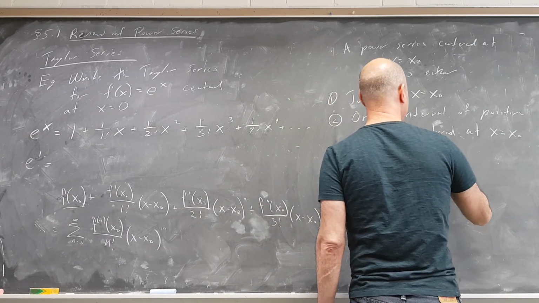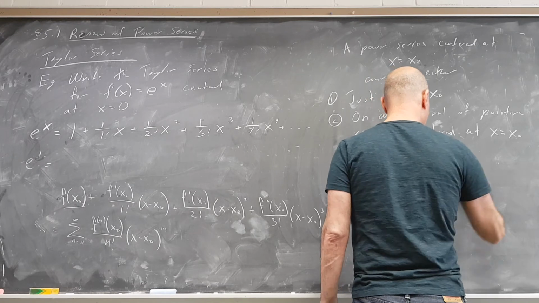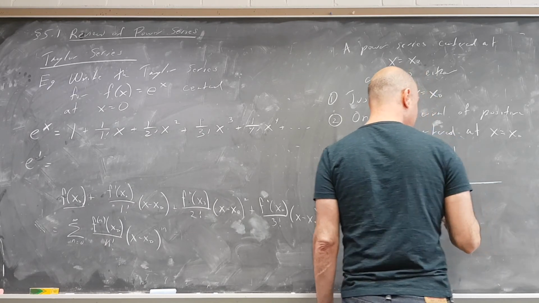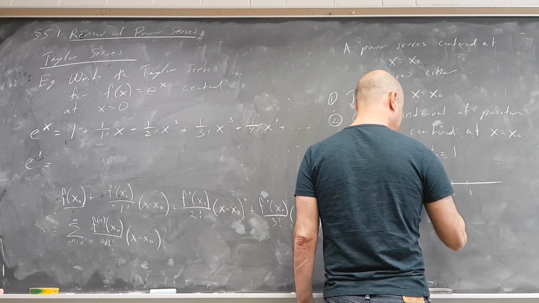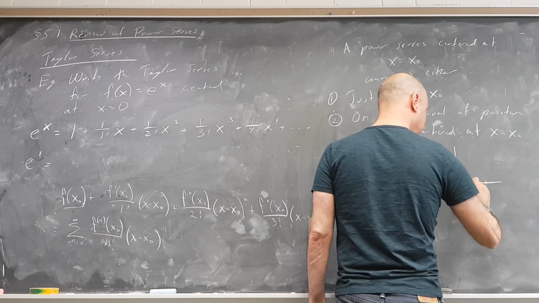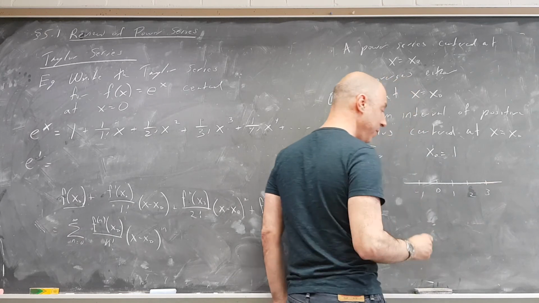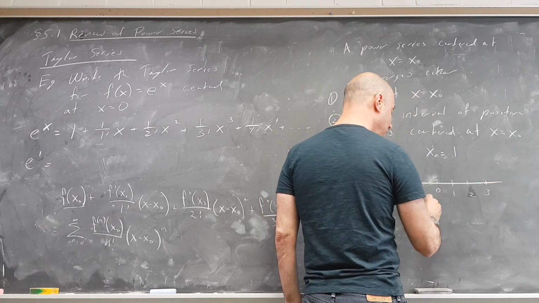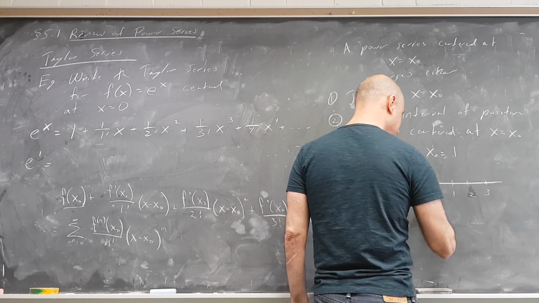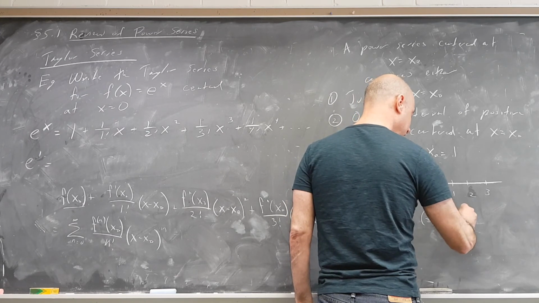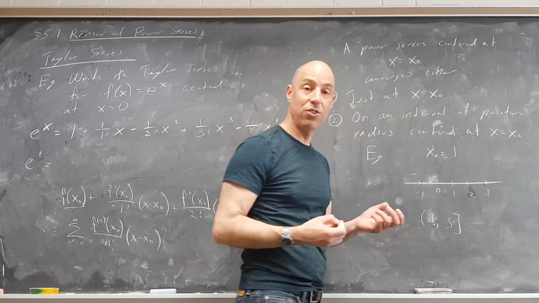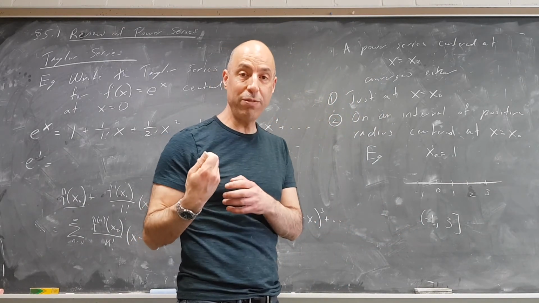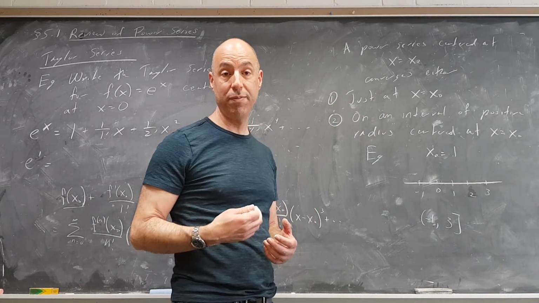if x naught is 1, so here we are at 1 on the number line, then here's 0, here's 1, here's -1, here, oops, this would be 2, here's 3. Then the interval, let's say -1 to 3, is an interval that's centered at 1. 1 is right in the middle of that interval. 1 is 2 units away from -1 and 2 units away from 3.